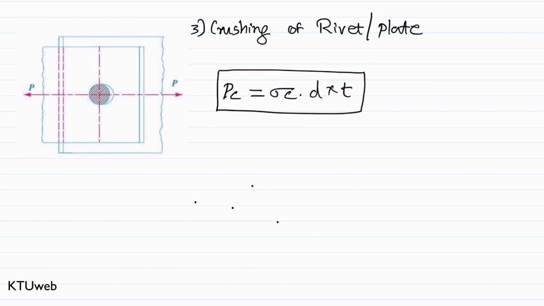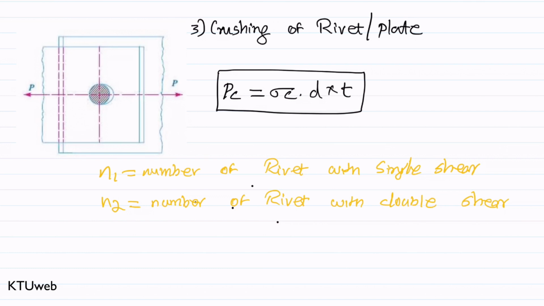And the number of rivets with single shear will be equal to the number with single crushing as well. Now we can find the strength of each type of rivet.